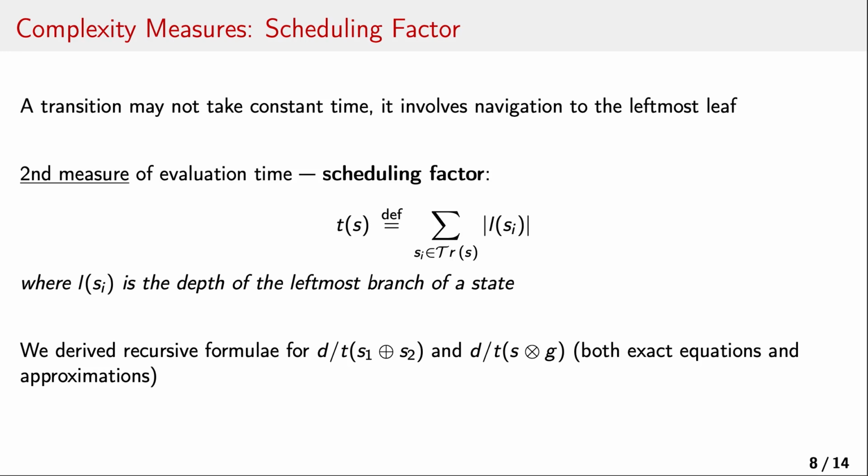So we suggest another measure for evaluation time that captures scheduling, and we call it scheduling factor. It's defined as the sum of all depths of the leftmost branches for all states in the trace. For both these two measures, we derive recursive compositional formulae to calculate them for partial disjunctions and partial conjunctions.